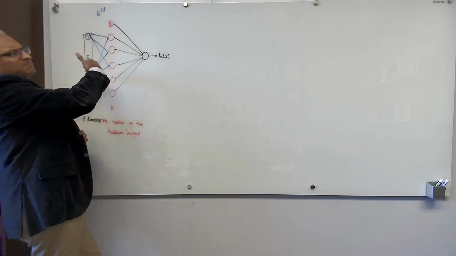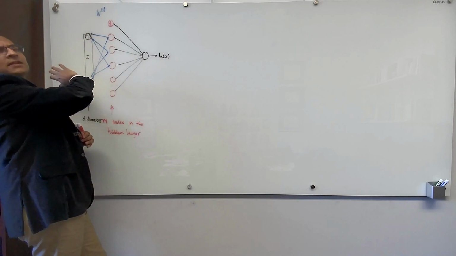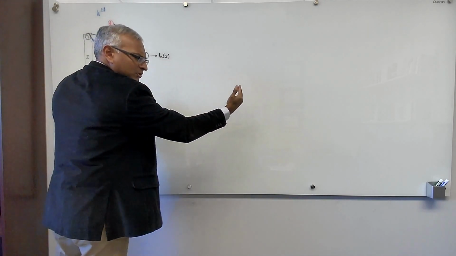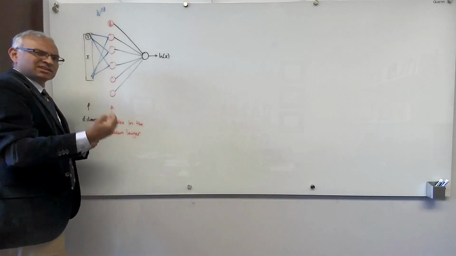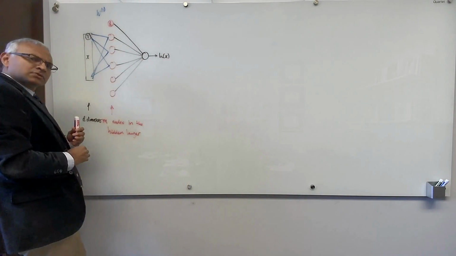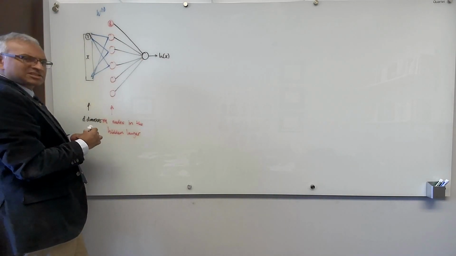Now, we had that very precise systematic notation for the general neural network, which we need because you have many layers. But it's a little bit cumbersome to use all that notation for this simple, one hidden layer neural network. So let me simplify the notation.